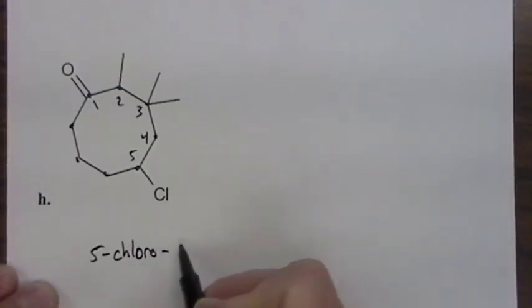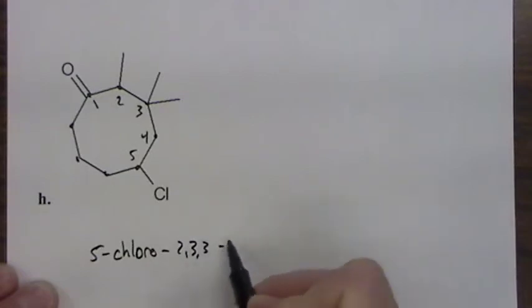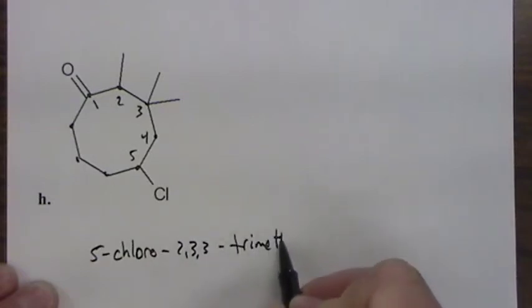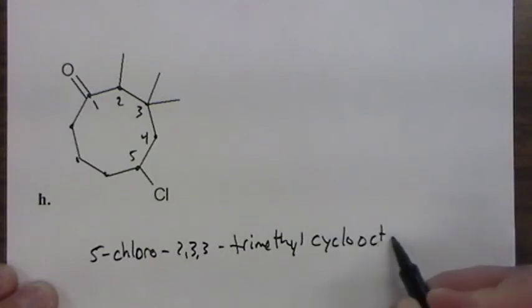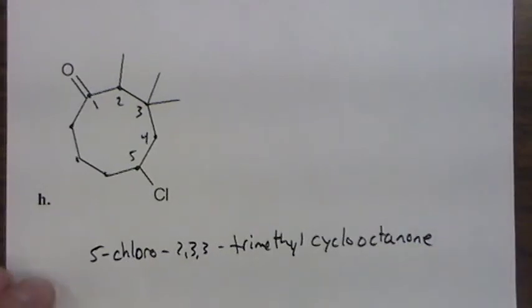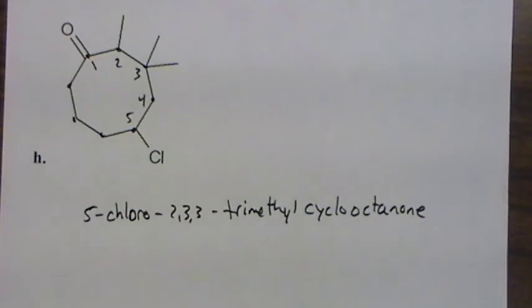And then we'd have chloro, so it'd be 5-chloro, 2,3,3-trimethyl, cyclooctanone. And that is the deal.